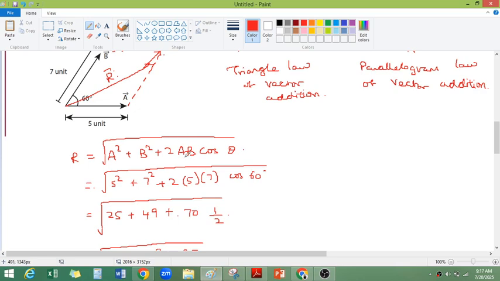This is the magnitude, and the direction will be tan alpha is equal to b sin theta divided by a plus b cos theta.